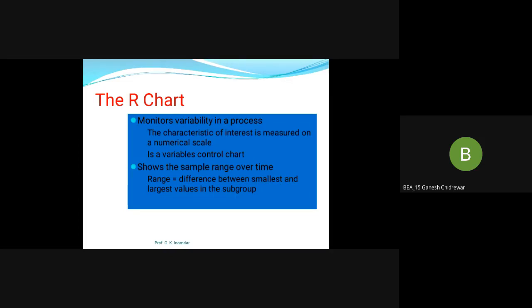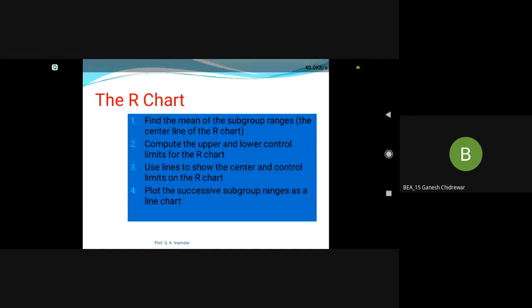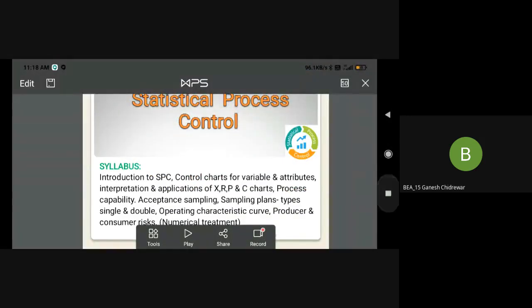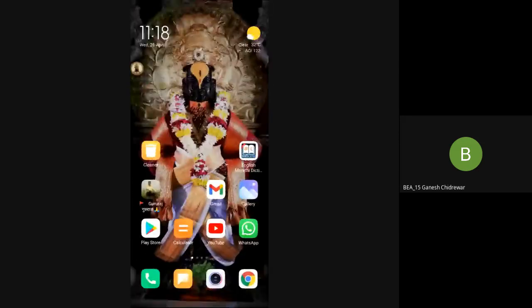So I will share that again. So what is actually an R chart?